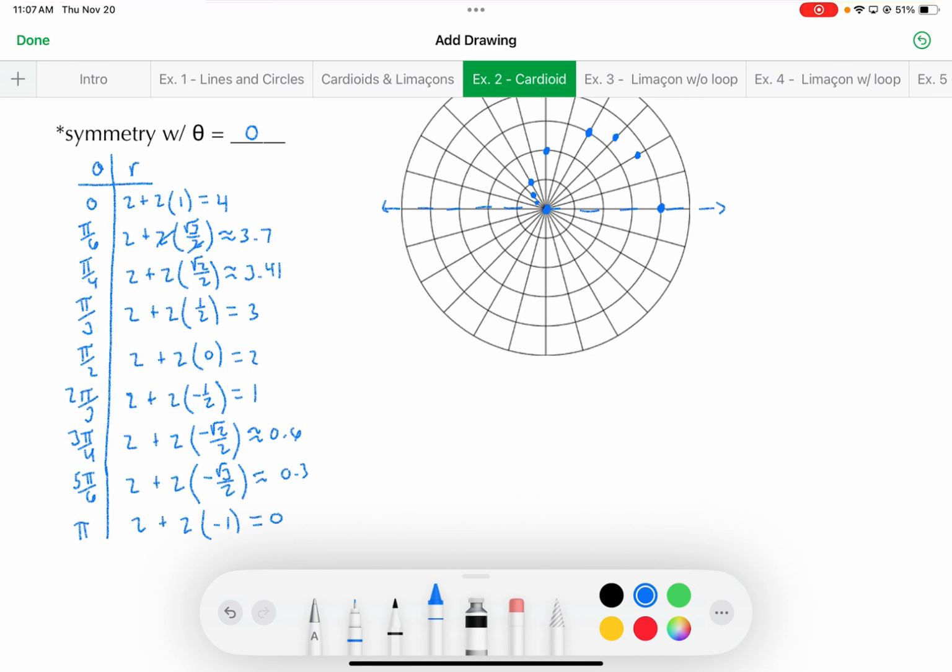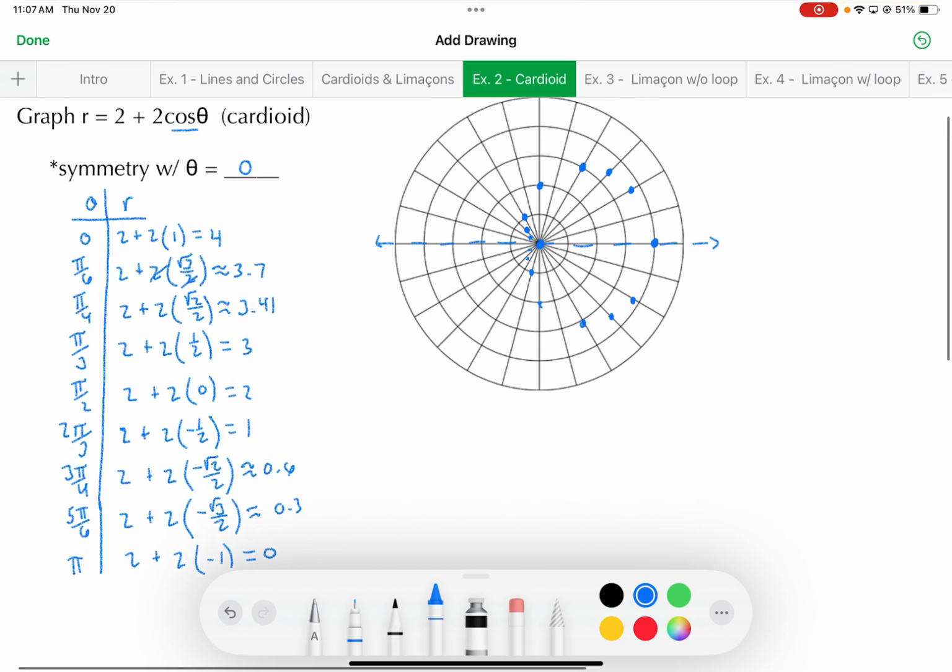I'm going to take all those points I plotted and reflect them over the polar axis to get more points. And now I can draw this out. Just do your best with it. Draw it slowly. So this is how it would trace out from start to finish, as we saw in the applet.